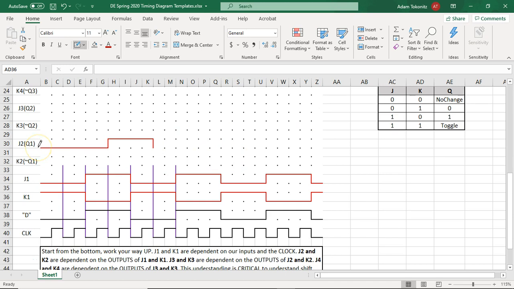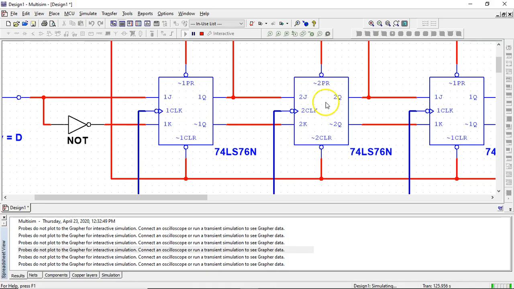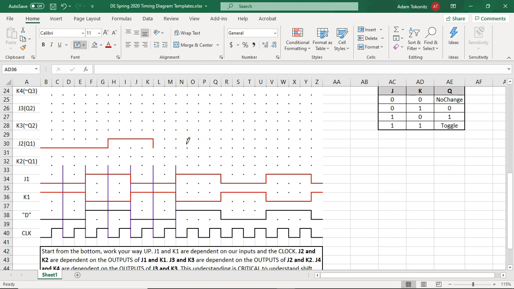So to repeat this and to start from the very beginning, I found J1 and K1 based on my clock signal and my data. I am now going to use the output of J1 and K1 to be my inputs for J2 and K2, which I can see on the schematic again. I have to look at what is the value of J at the given time of the clock.